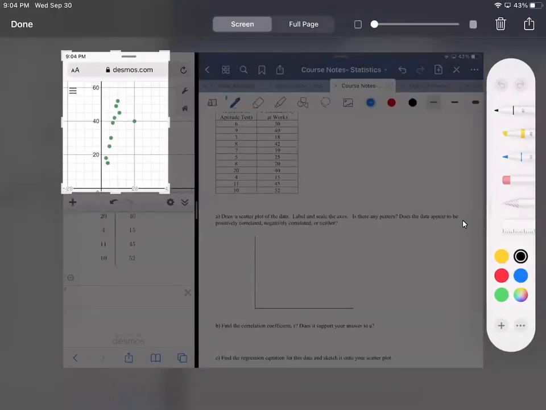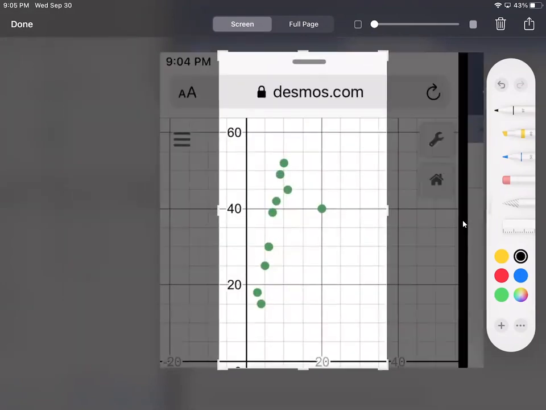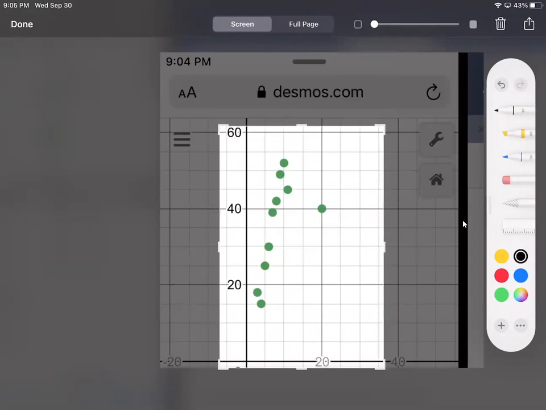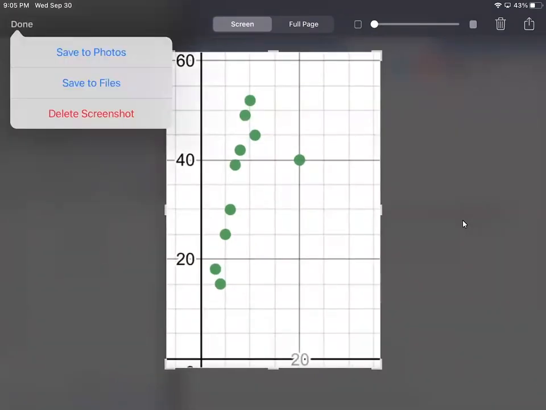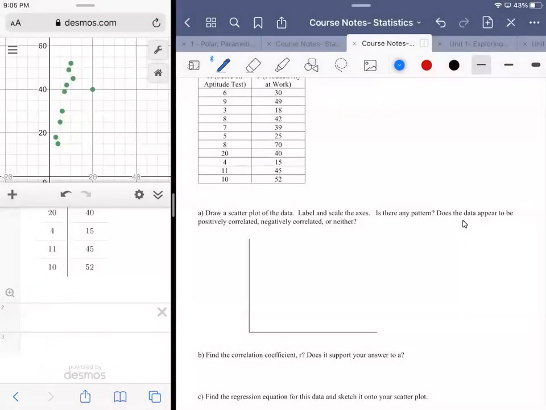So forgive me if I get a little lazy here and just do a little copy paste, because I don't feel like typing it actually, or writing and drawing it.